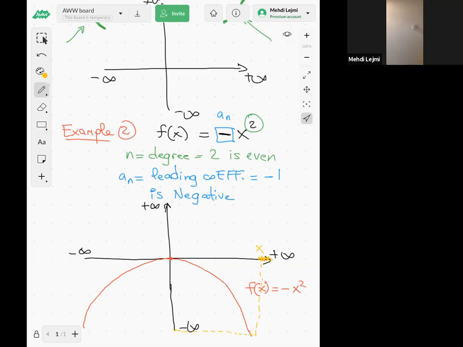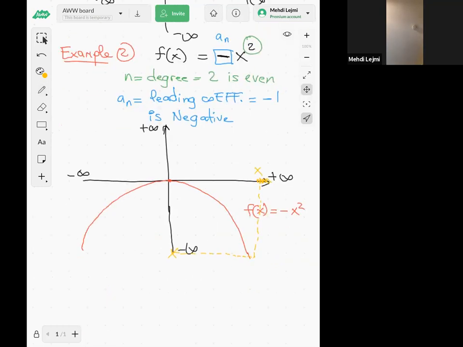So when x is close to positive infinity, your x is right here, the output y is close to negative infinity. So when x approaches positive infinity, the output y approaches negative infinity.